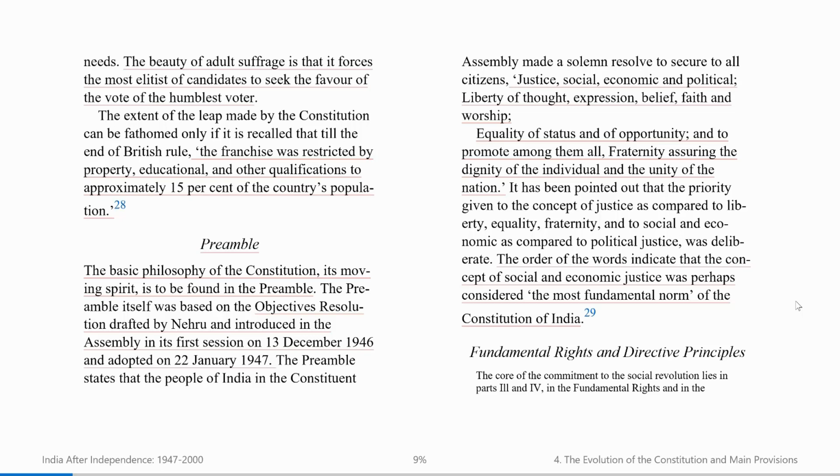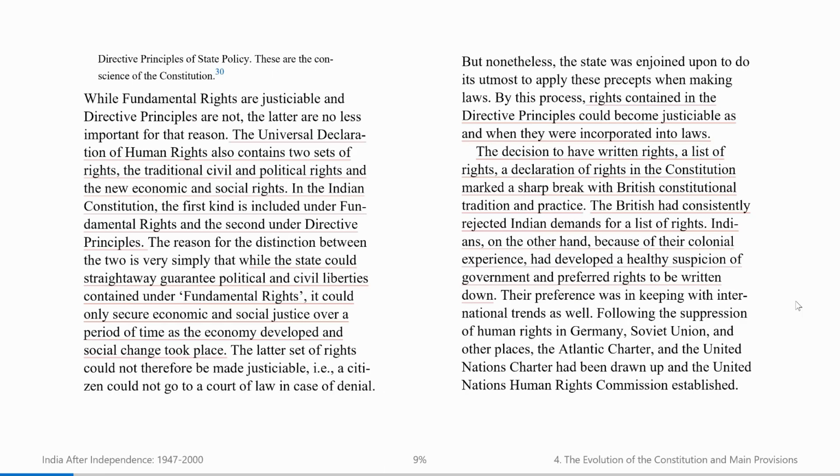Then we have the FR and the DPSPs, which are seen to be the conscience of the Constitution. Normally, the Universal Declaration of Human Rights contains two sets of rights: the traditional human rights, political rights, and the new economic and social rights. Now, the first two, civil and political rights, are considered under the fundamental rights, and the other social and economic rights are put in the DPSPs.